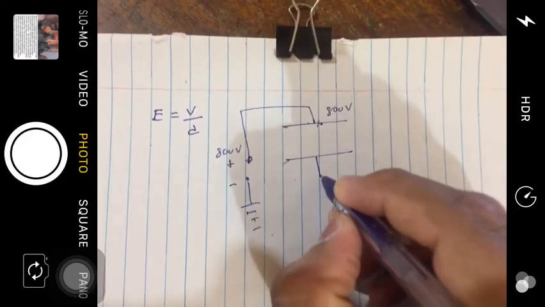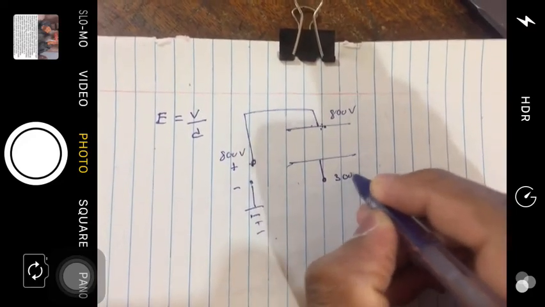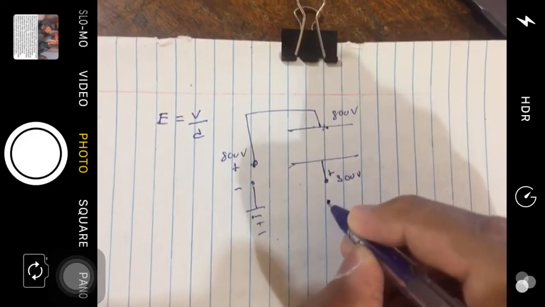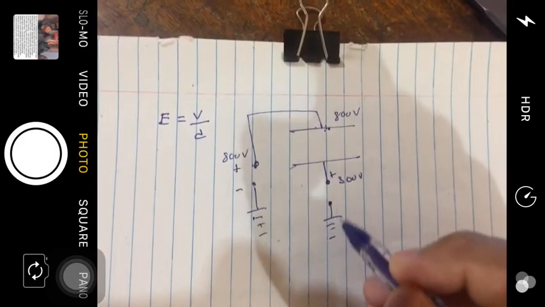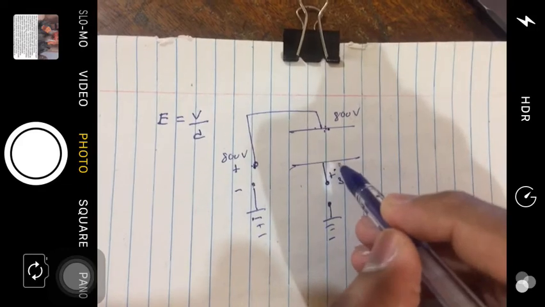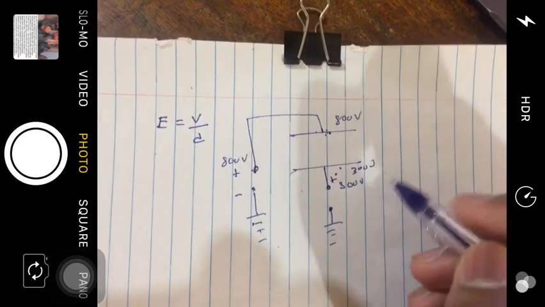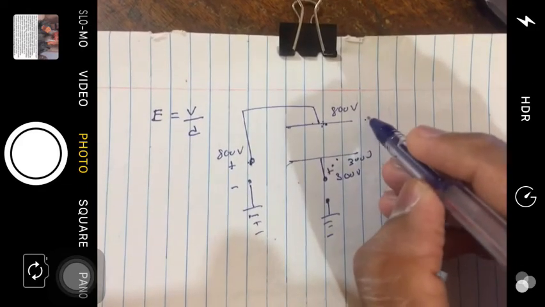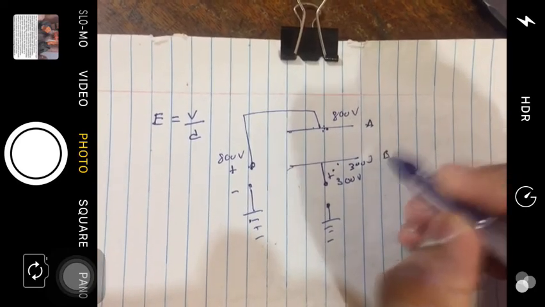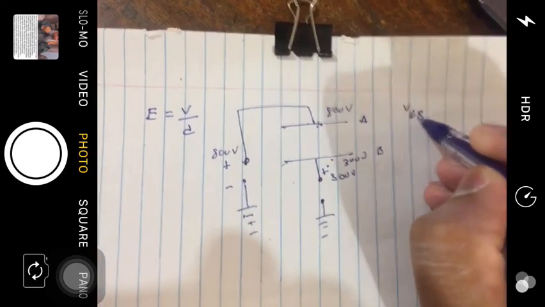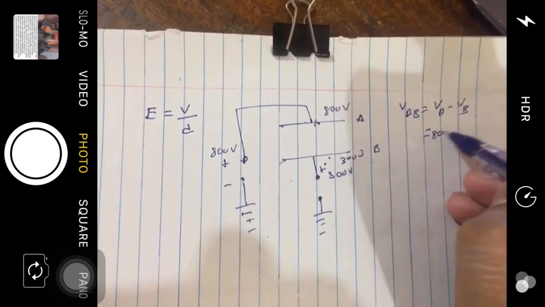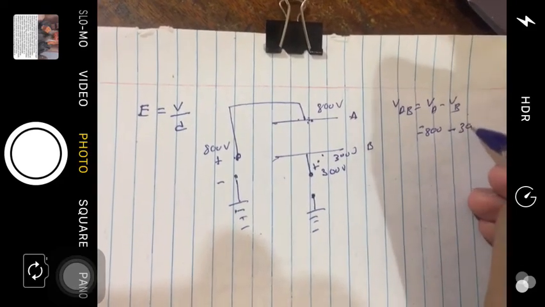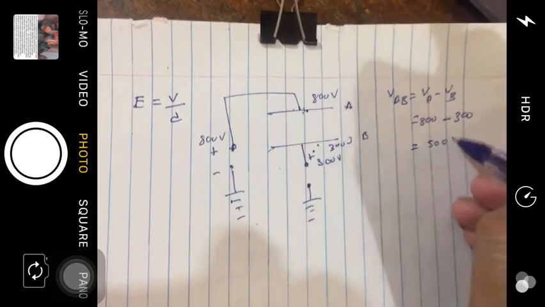Similarly, here this is 300 volts, so the potential of this plate is 300 volts. So if this is A and B, the potential difference between A and B would be 800 minus 300, 500 volts.